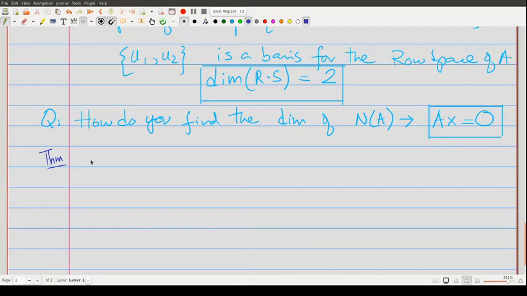We have the first thing, that the system Ax equals B is consistent.